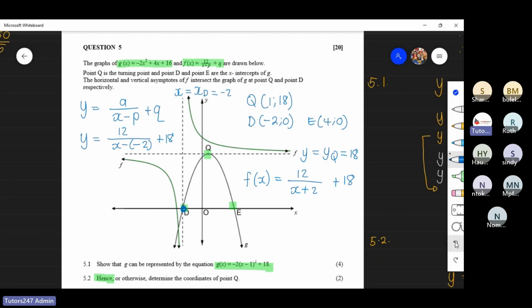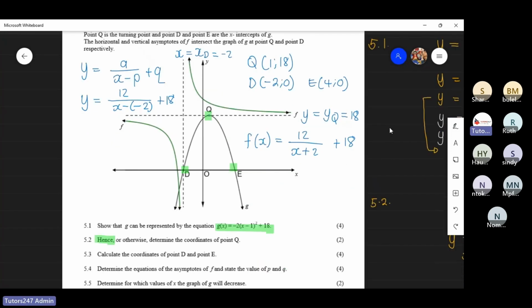So please don't get confused because we've said horizontal and vertical, and we normally associate y with vertical and x with horizontal. A horizontal line cuts the y-axis, therefore the horizontal asymptote is associated with y. And the vertical asymptote cuts the x-axis, therefore the vertical line is associated with x. So keep that in mind, that's important.